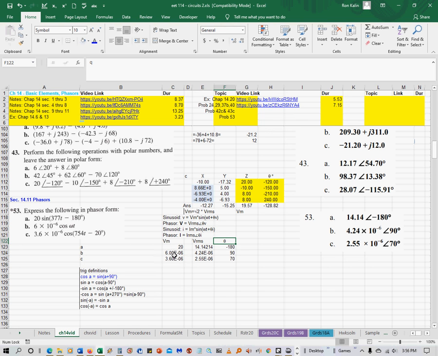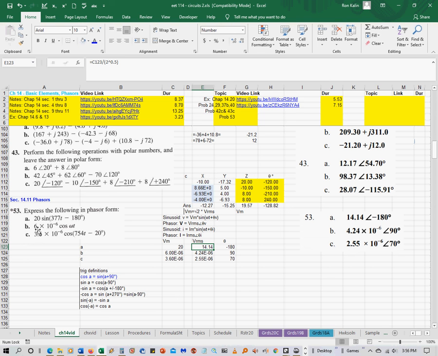So you take your max value, which is 20, divided by the square root of 2, which ends up being 14.14. And then your angle is simply, if this is a sine, this angle right here as is, it's negative 180. So the answer is 14.14 angle of negative 180.